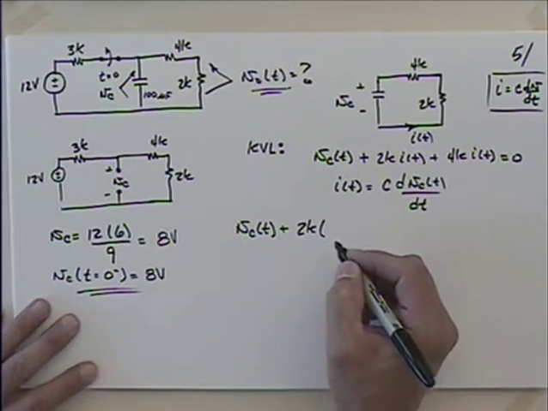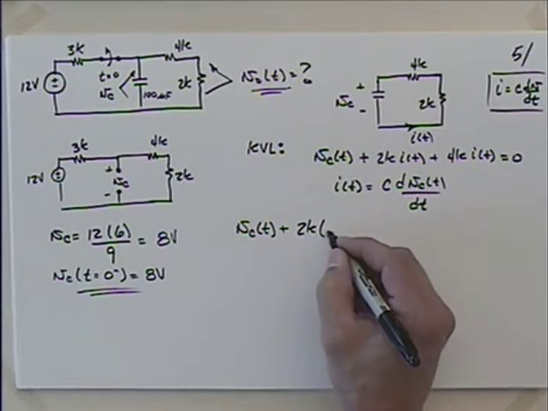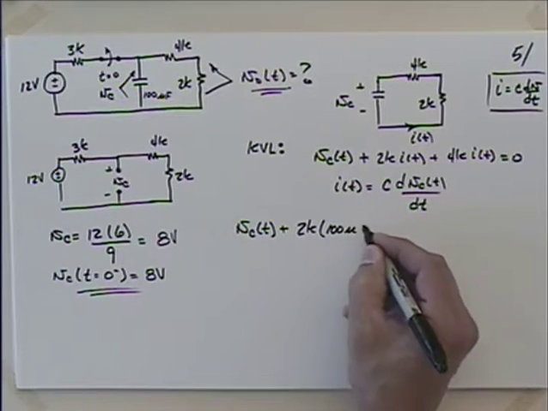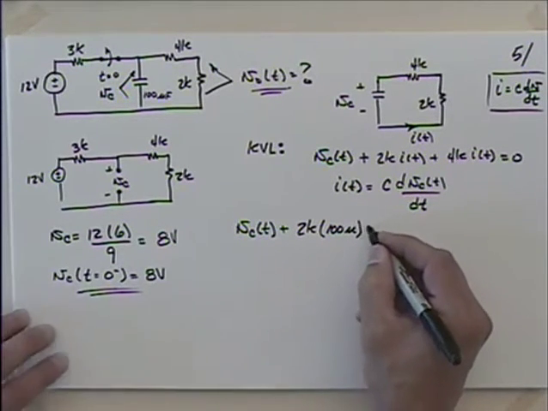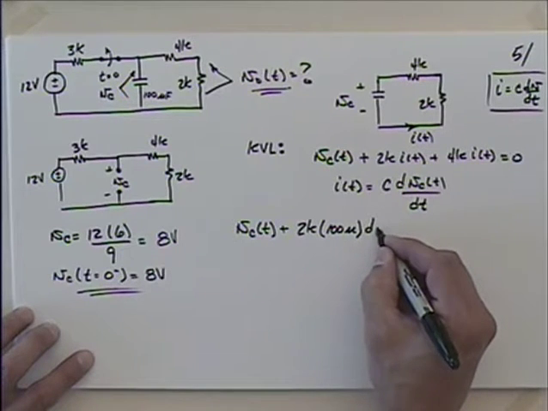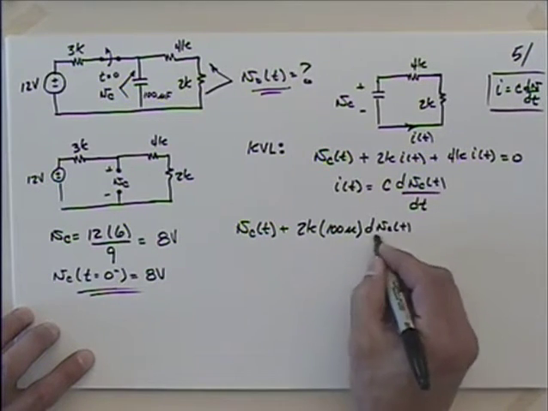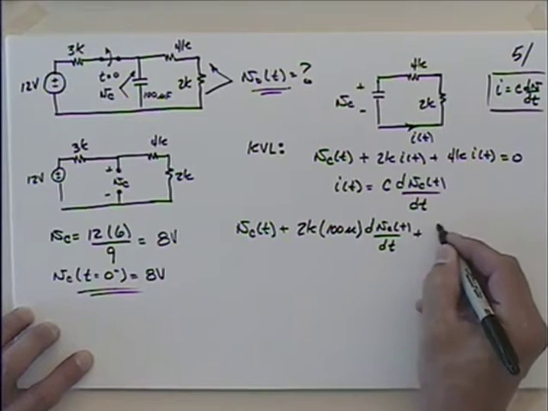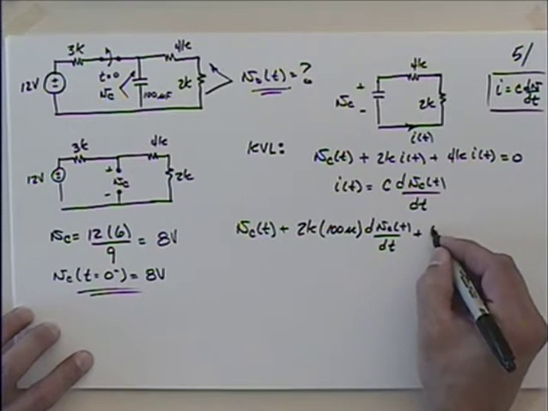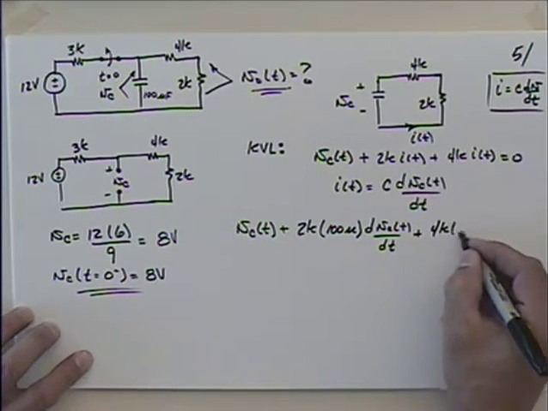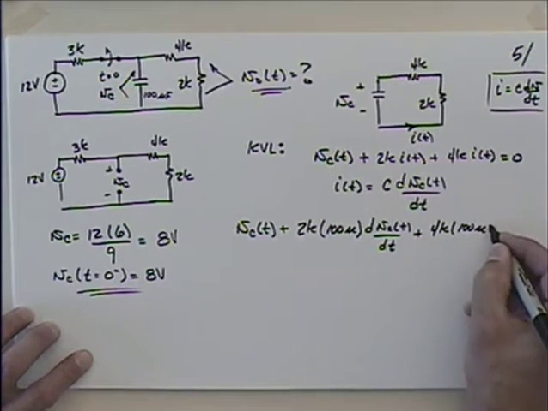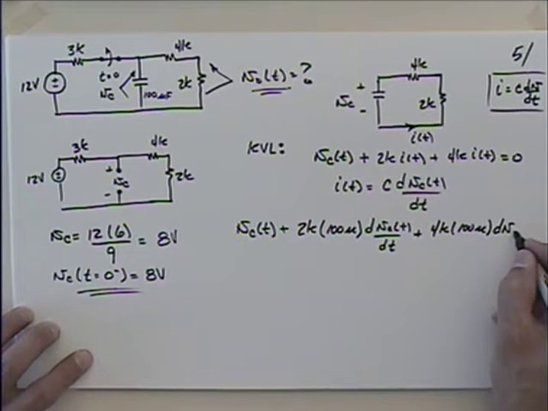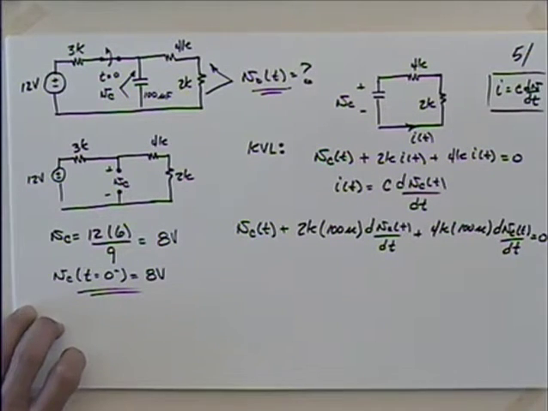What's the value of the capacitor? 100 microfarads. So we have 100 micro times the derivative of Vc of t, plus 4k times, again, 100 micro times the derivative of Vc of t, is equal to 0. We're good with that.